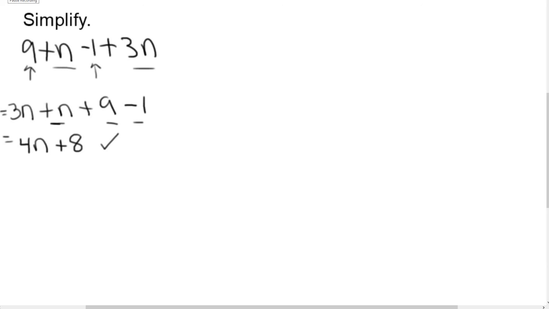So now you try. Simplify 9 plus n minus 1 plus 3n. So you try the following example.